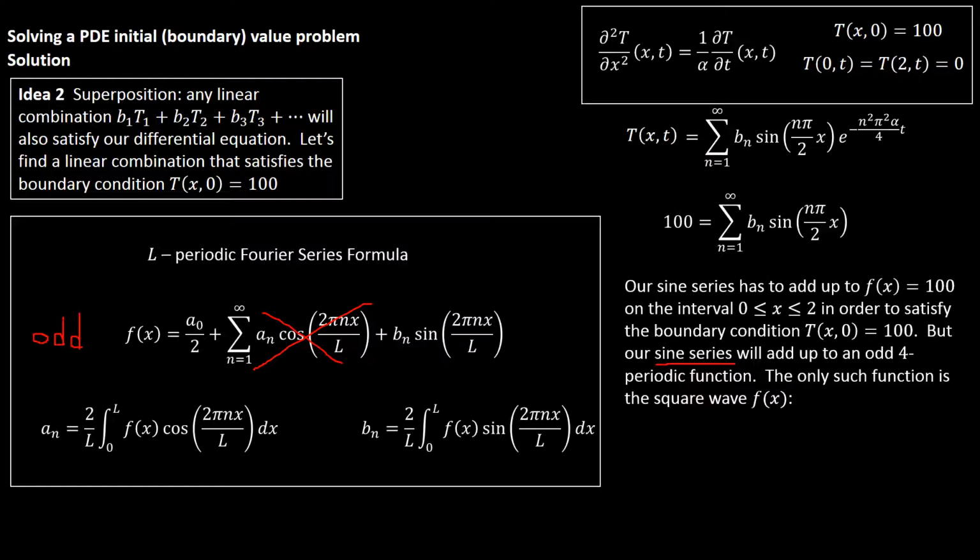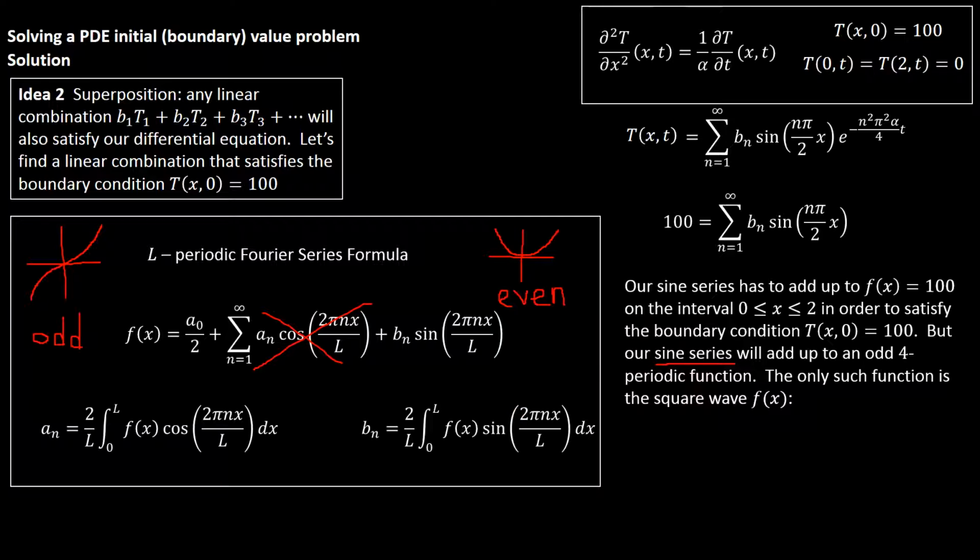Recall that an odd function is symmetric with respect to the origin. So odd functions look like that. Even functions are symmetric about the y-axis, so they look like that. So if you don't have any cosine terms, then you automatically end up with an odd function.